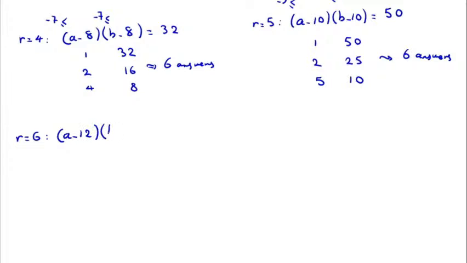Let's check. A minus 12, B minus 12, it will be what? 2 times 6 squared, 72. A is at least 1, it will be at least negative 11.